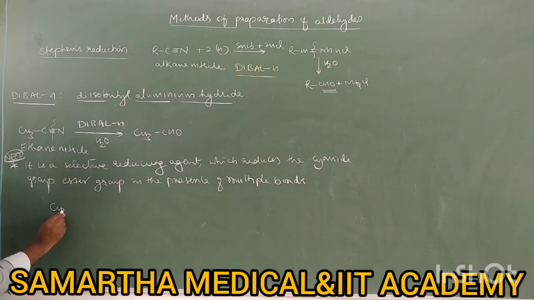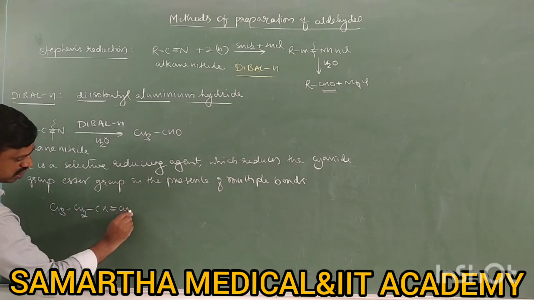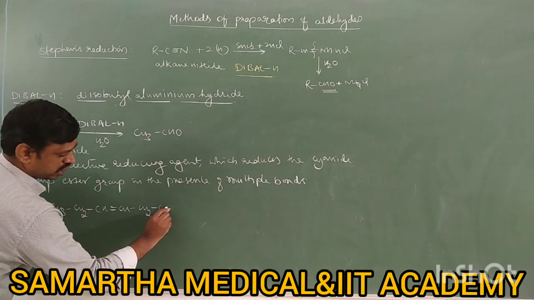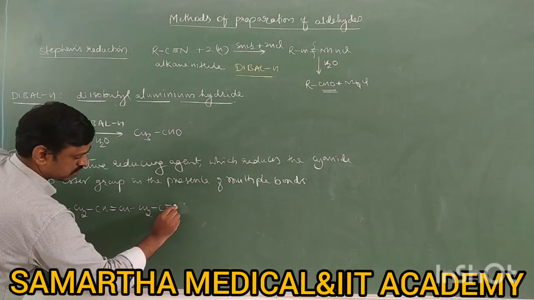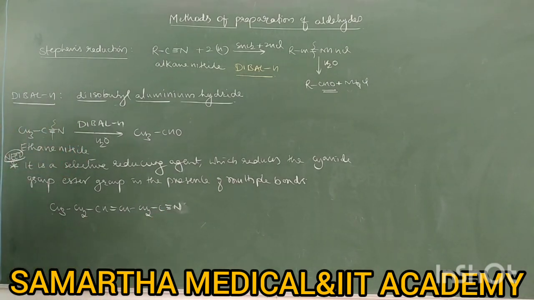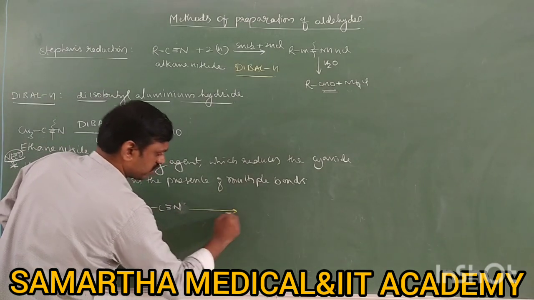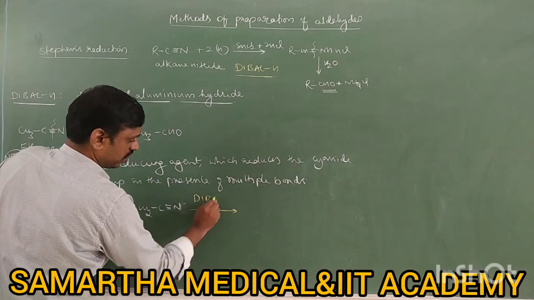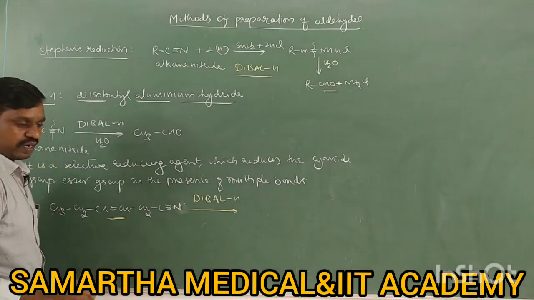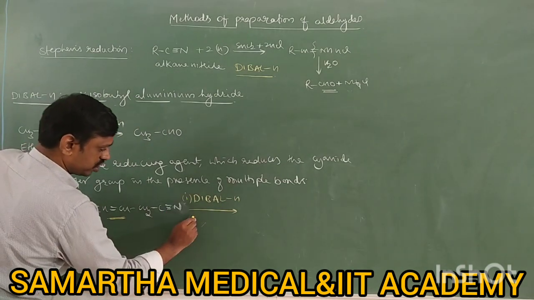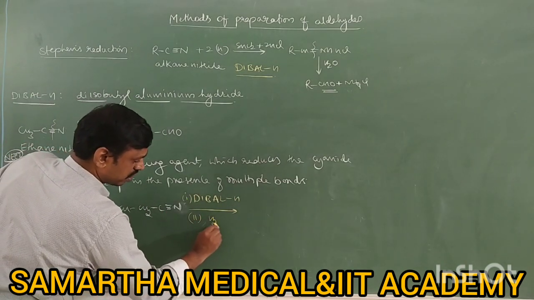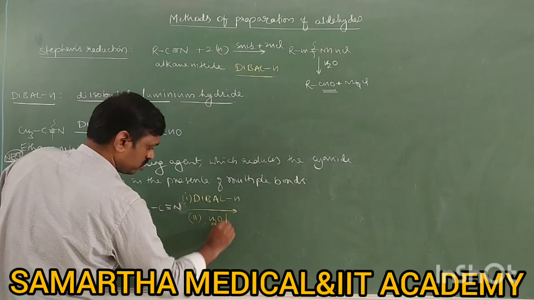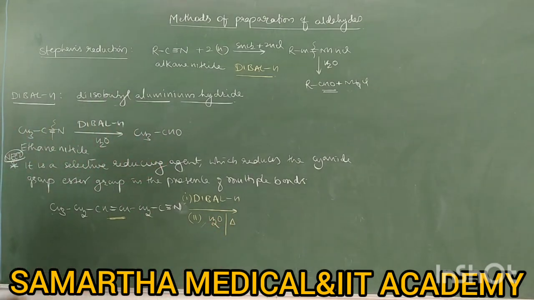Let us take one example, CH3 CH2 CH double bond CH CH2 C triple bond N. It is a cyanide, and this cyanide has a multiple bond, a double bond. Now this is treated with DIBAL-H, diisobutyl aluminium hydride, the first reagent. The second reagent is hydrolysis, of course boiling water is required.